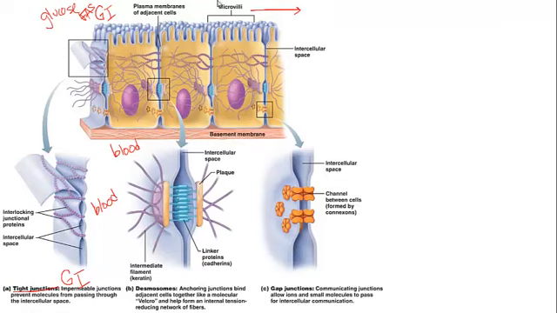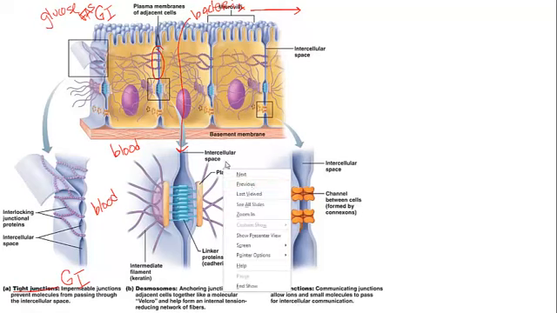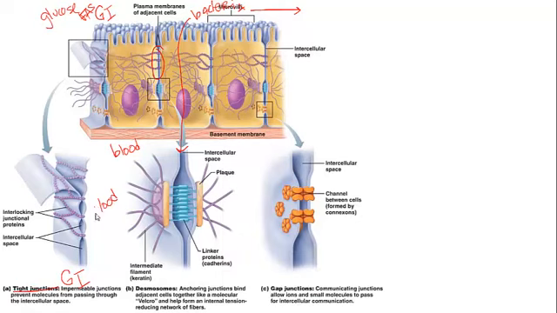And we certainly do not want any of these bacteria that are in the digestive system to get into the blood. That would be very, very bad, lead to some potentially deadly problems. So it's very important that we have these tight junctions present to prevent anything like that from actually happening. So the best example of tight junctions that we're going to find are found in the digestive tract.